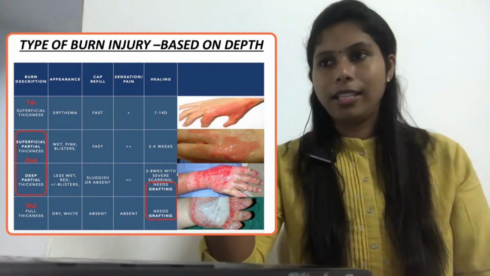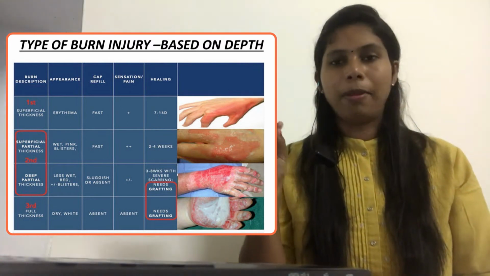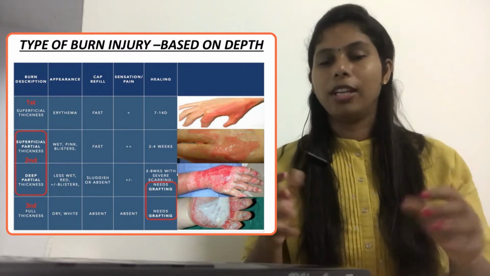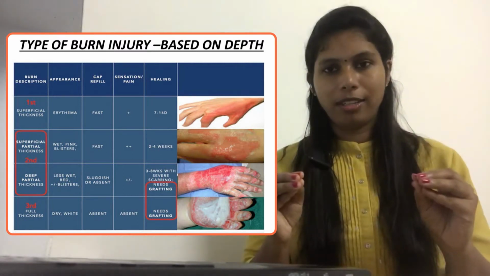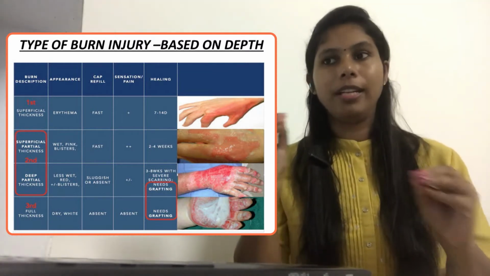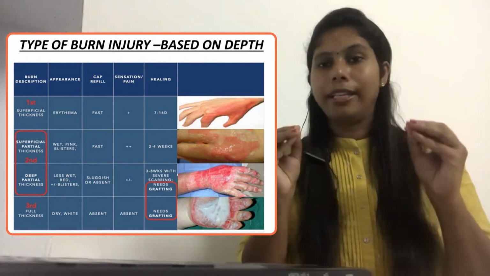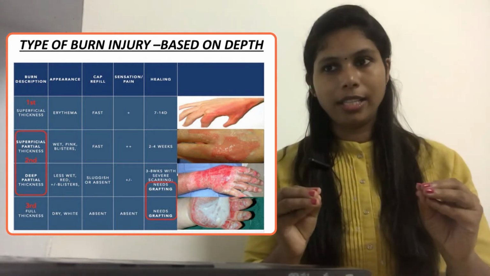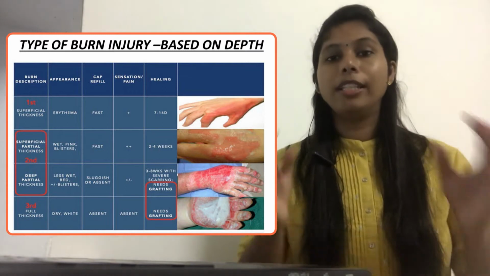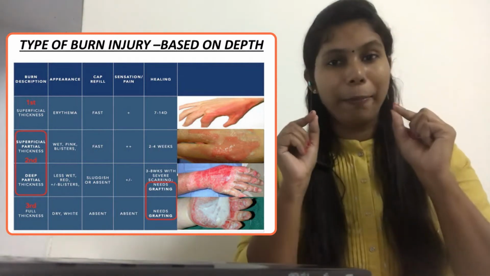Another feature is capillary refill, which is usually fast, and it is painful. The superficial thickness or first degree burn is usually painful, the capillary refill is fast, and an example is sunburn. This will affect only the epidermis layer.